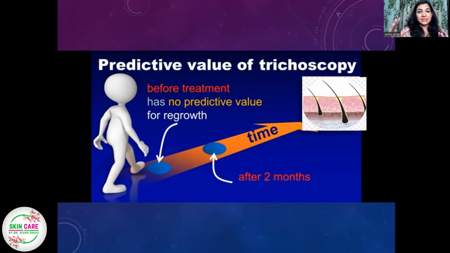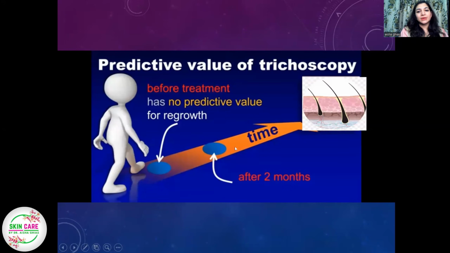It's really very easy to score the patient based on this scoring system once again. And then it's an objective way of documenting the treatment response. And obviously, we scientists are running behind the objectiveness of our clinical responses. This is the only thing that we can base our research on. So the score before treatment has no predictive value for regrowth.